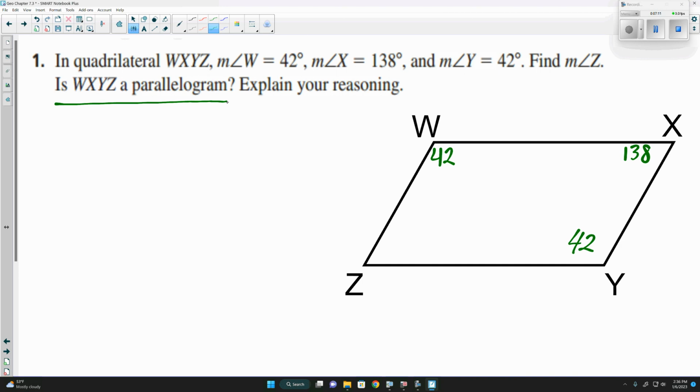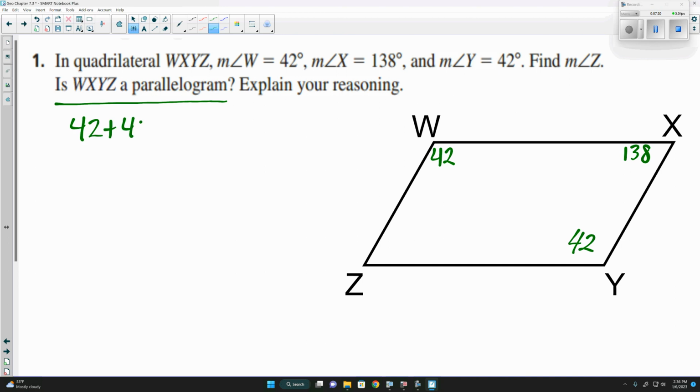So it's very tempting to say that Z is 138 degrees because opposite angles are congruent. But we don't know anything about the sides, because if it told us that the two sets of opposite sides were congruent, then we could immediately say it's 138.